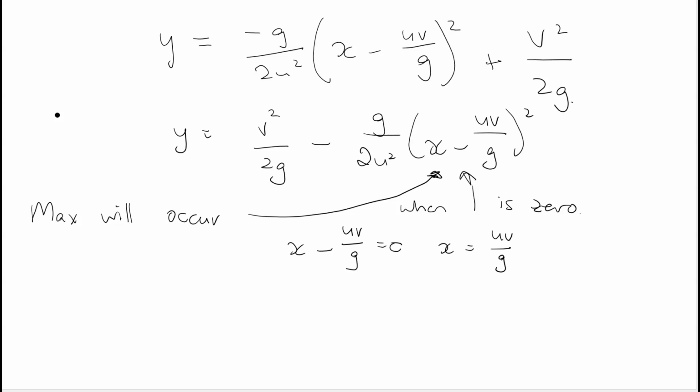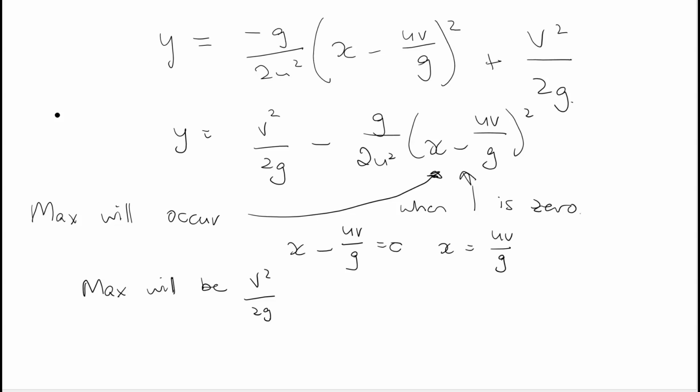And then if that is 0, then the max is v squared over 2g, because the right hand side is 0, therefore the left hand side must be the maximum. So the maximum is v squared over 2g, and that occurs when x is uv over g.